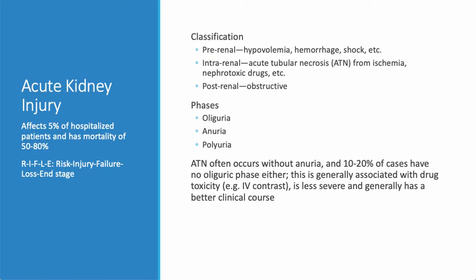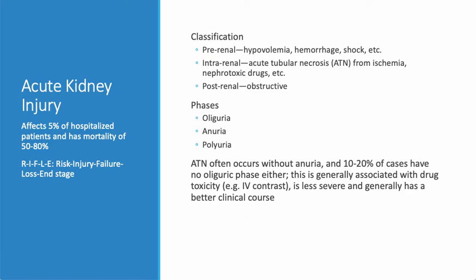So there are 3 classifications of acute kidney injury. It can happen because of pre-renal causes, that is, all the stuff that happens before the blood gets to the kidney, or the things that prevent the blood from getting to the kidney. There's intrarenal causes, or sometimes we just say renal causes.